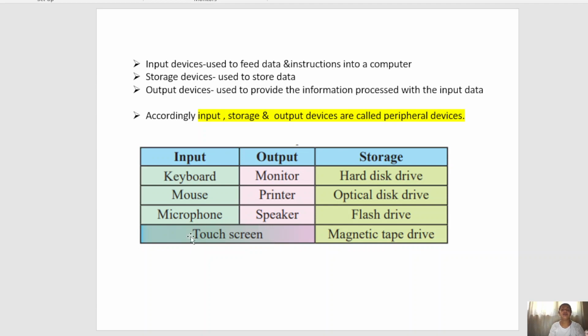We can use a touch screen as an input device and also an output device, because we can use it to feed data and give instructions to the computer, and also to output some information. When we talk about storage devices, we can take hard disk drive, optical disk drive, flash drive, and magnetic tape drive as storage devices.